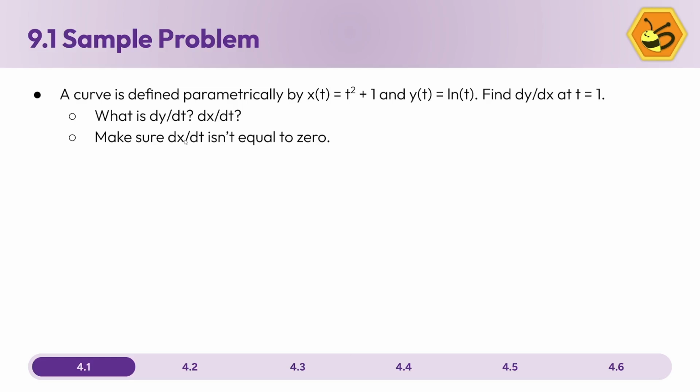And also make sure our dx dt isn't 0, but I can tell you for this problem it shouldn't be. Thank you, Reading, for helping us out with the arc length curve. So again, let's all try this problem and let me know once you have a solution and you're ready for me to move on.